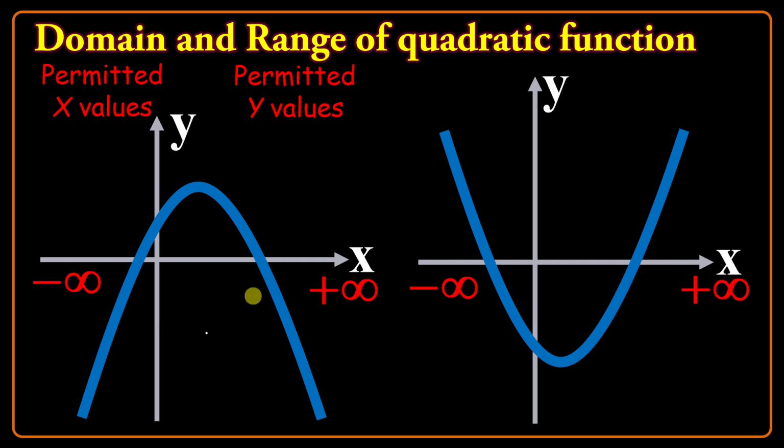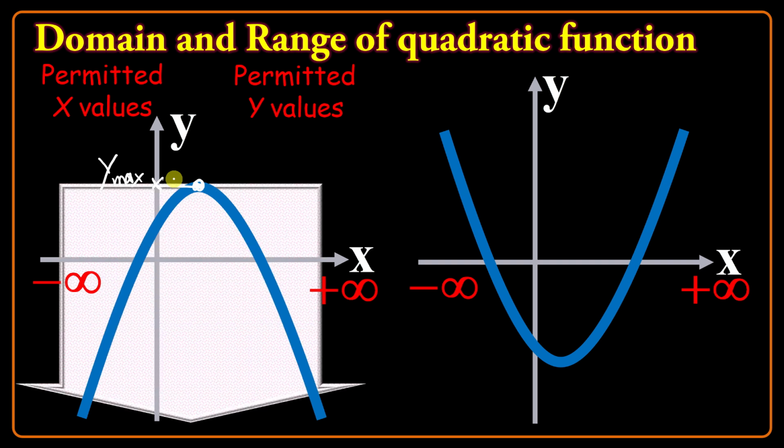But for the y values, pay attention. If it is concave down like this, the maximum permitted value for y is here, y max. It's the y value for the maximum point. So the range will be from here and smaller to down. If it is concave up, let's name it y min.